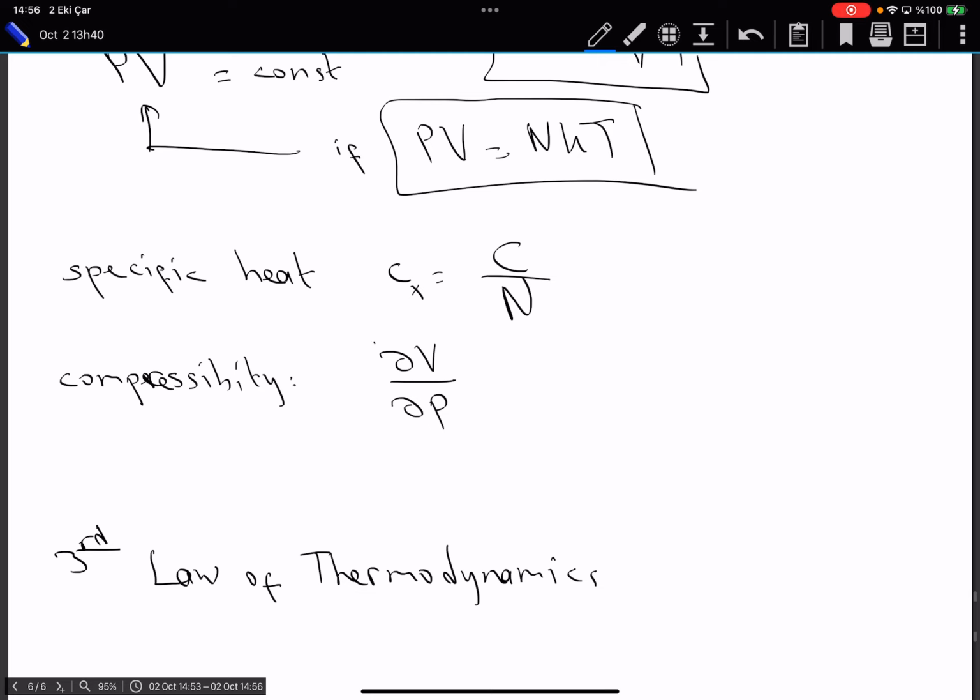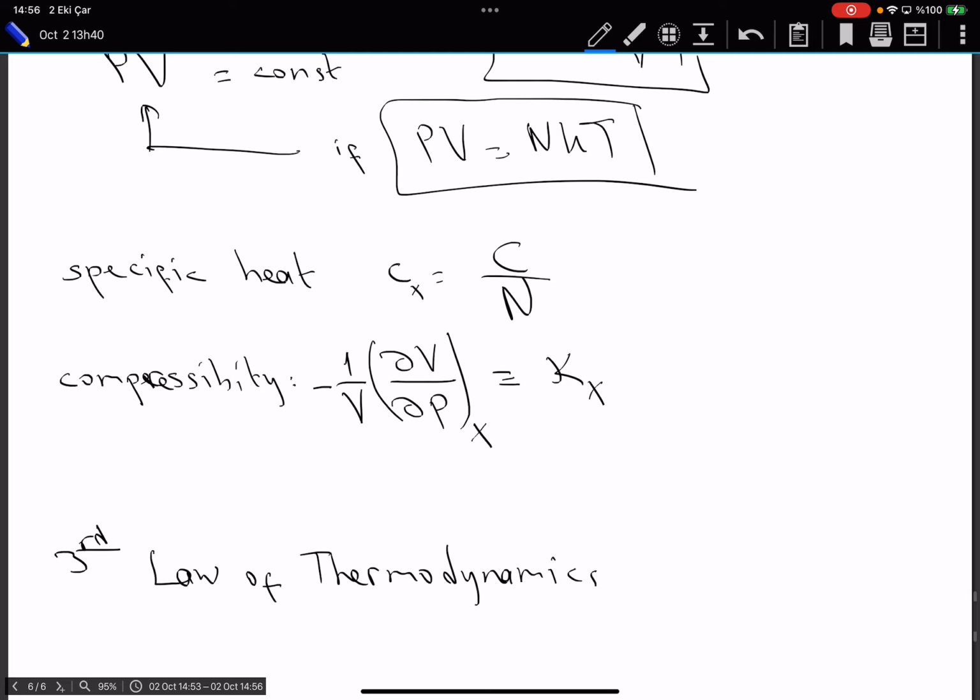Compressibility is usually defined per volume. And since this is a negative number, we define the compressibility to be positive. And again, you can talk about the compressibilities for various processes, and this is denoted as kappa of x.